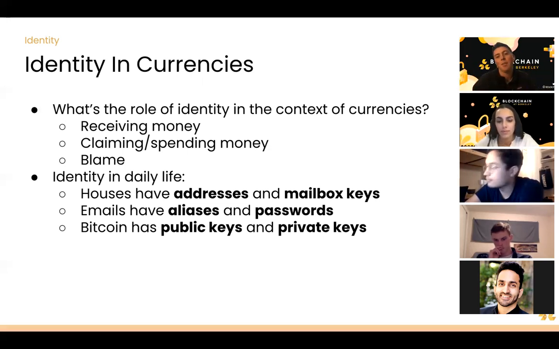Like Ava's email is avapayment@berkeley.edu, and anyone can email Ava, or you can email me, Nate Pohl at Berkeley, if you have any questions. But as that is open and public to everyone, our passwords are private. So we have this duality of a public key and a private key, and we need both of these to interact with our cryptocurrency so that we can receive money, spend money, and then be held responsible if we act maliciously.